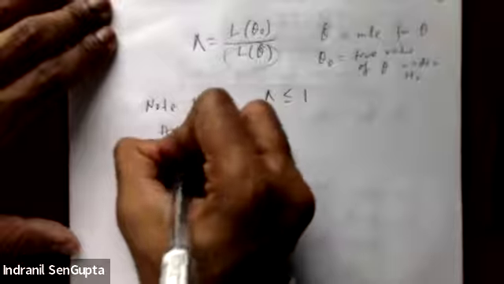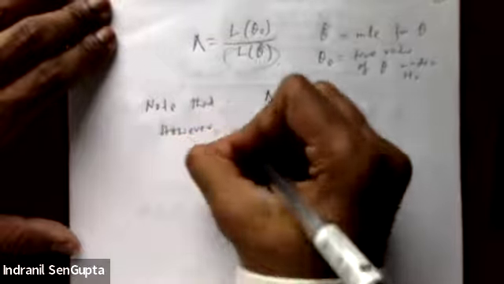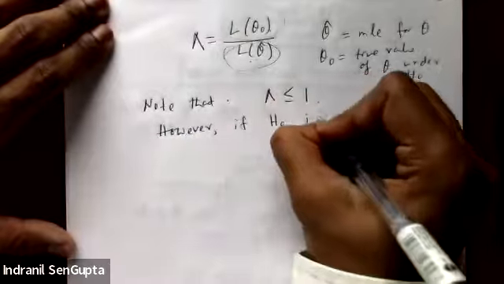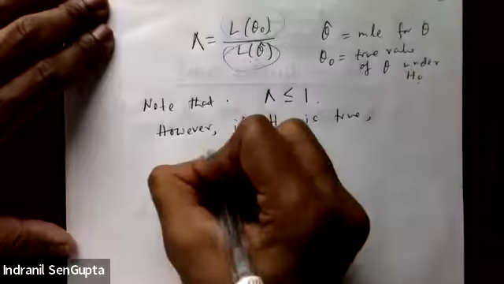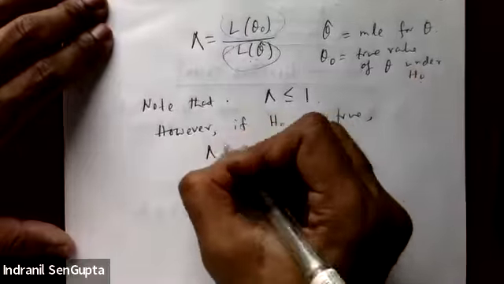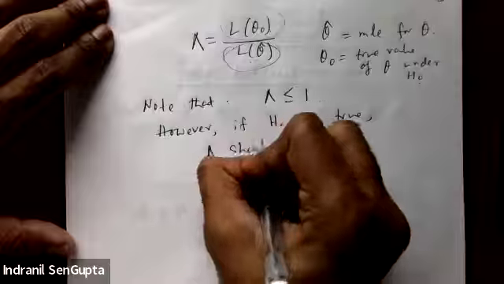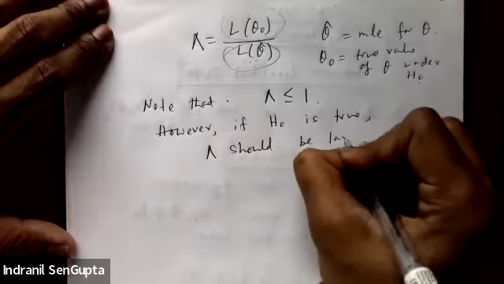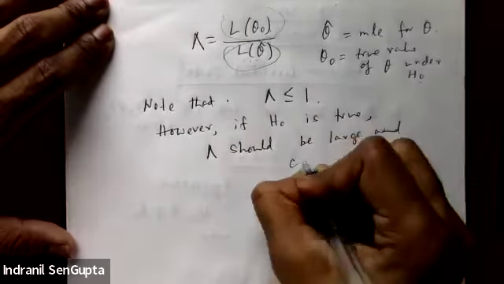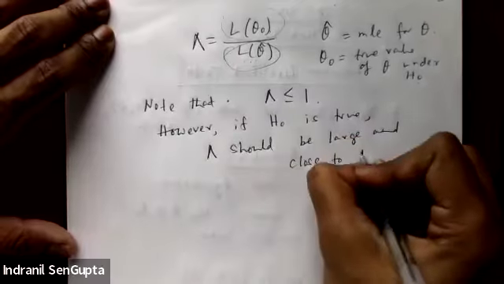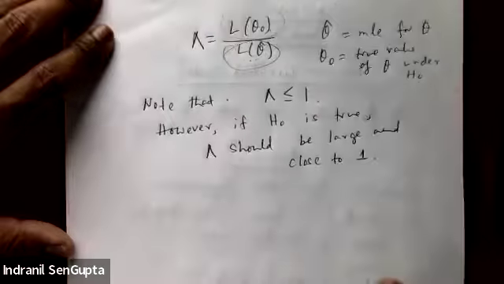However, if H0 is true, then this lambda should be large and close to 1 by the asymptotic analysis, as we have seen.